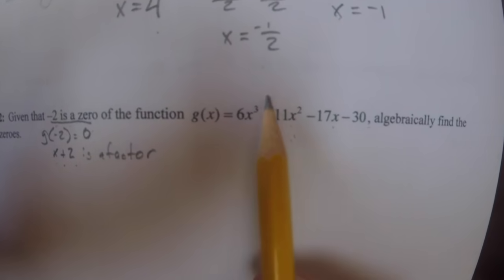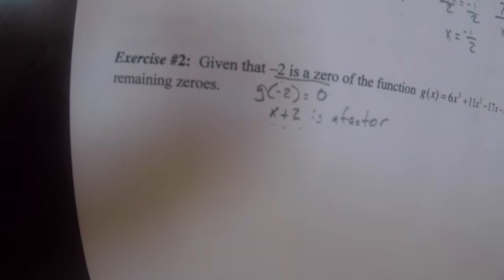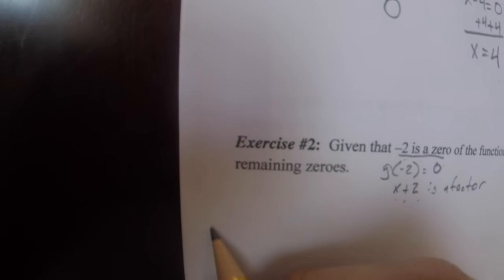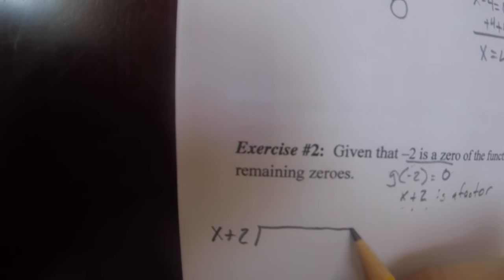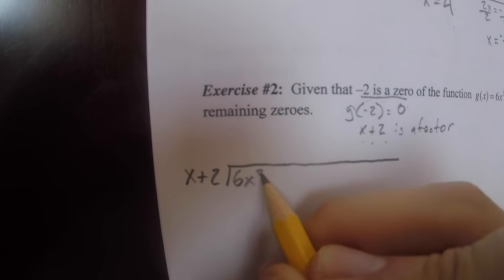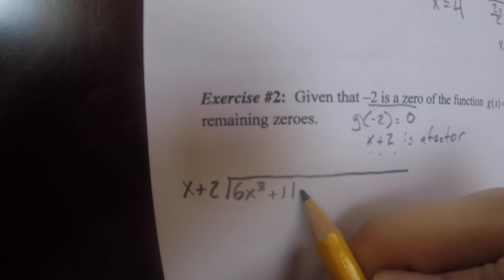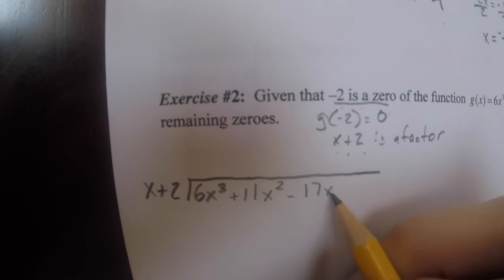So I'm going to divide this function by this factor, and that's going to give me, just like up here, the other factor. All right, so we'll take x plus 2 and divide that into 6x to the third plus 11x squared minus 17x minus 30.